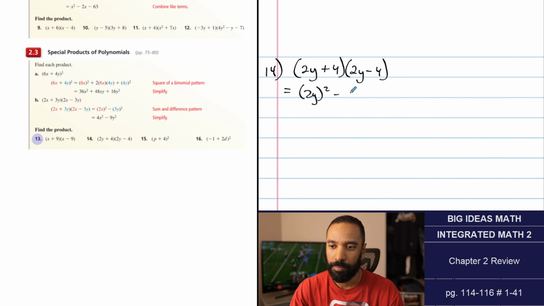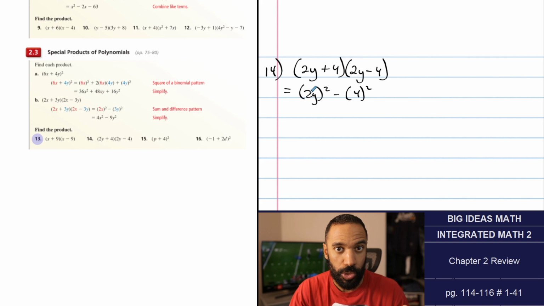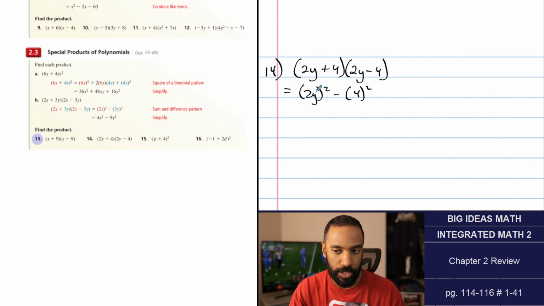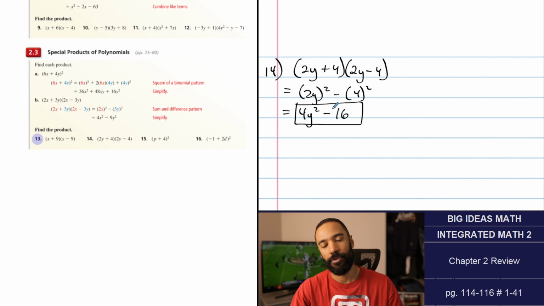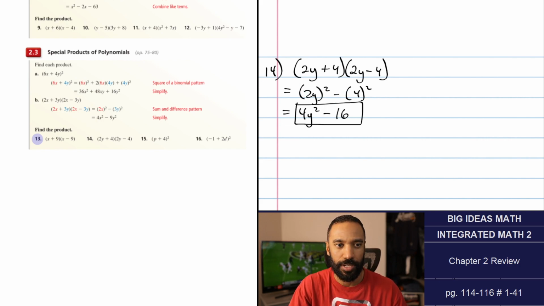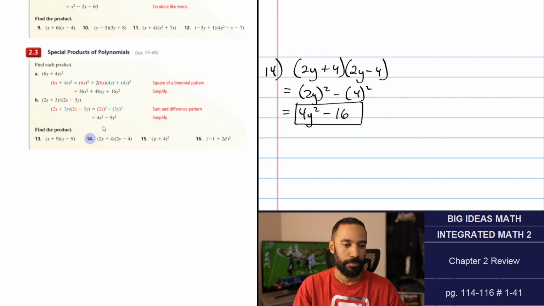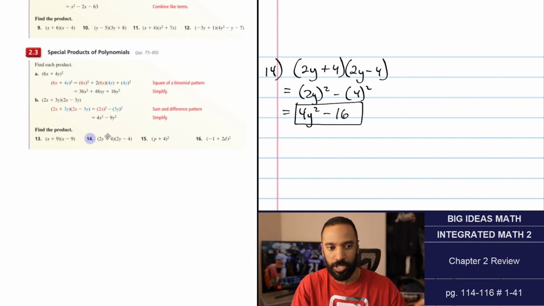A squared minus b squared, like that. Now, squaring 2y, the quantity, means you square the 2 and you square the y. 2y times 2y is 4y squared. 4 squared is 16, which we're subtracting that. That is standard form. 4y squared minus 16 is the result to number 14. I'll just pause on that so you can just digest that.